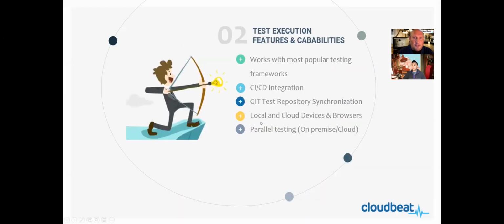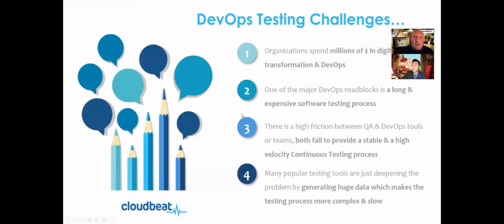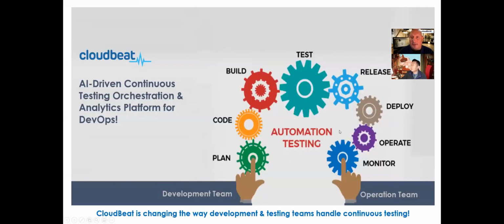I'm not going to go through a full presentation since we don't really have time. I'll just explain what Cloudbeat really is about. Cloudbeat is a software testing and performance monitoring, orchestration, and synthetic monitoring tool.